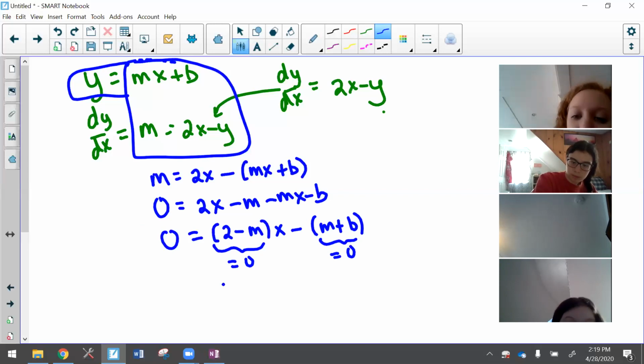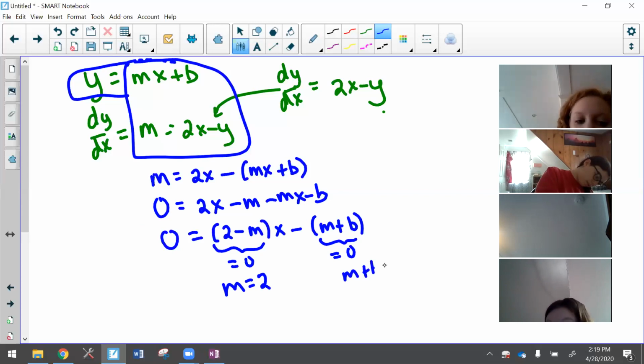So this part is nice and convenient and tells me that m is equal to 2. And then I've got m plus b equals 0. But now I know that m is equal to 2, so that tells me b is equal to negative 2.